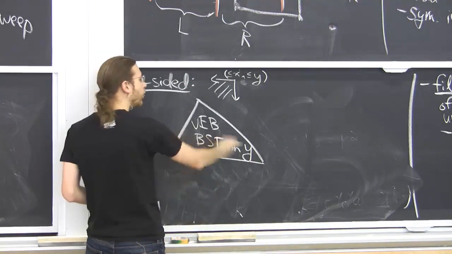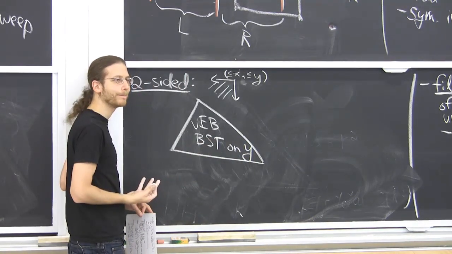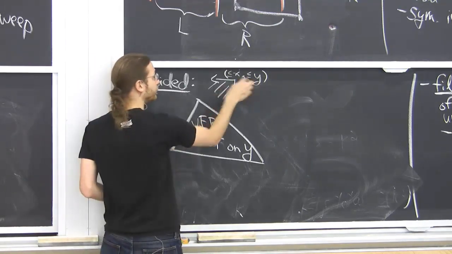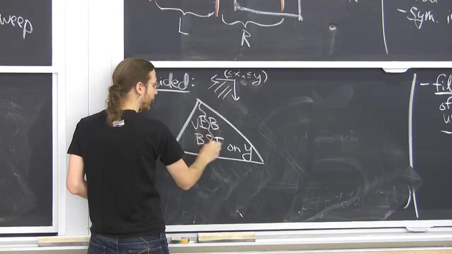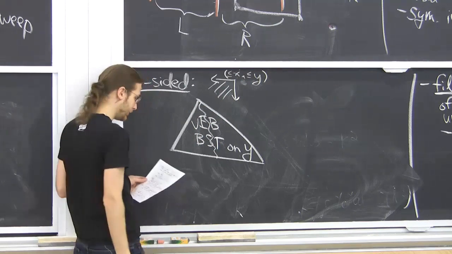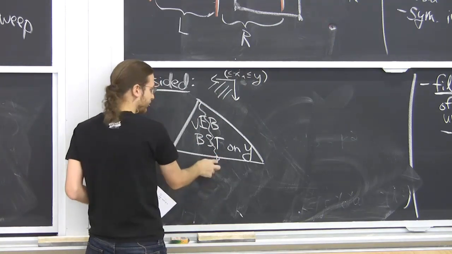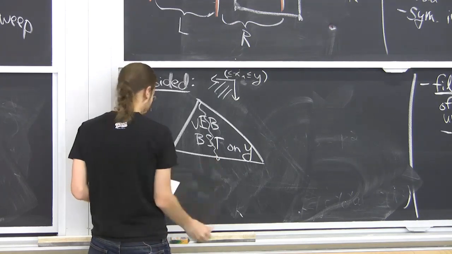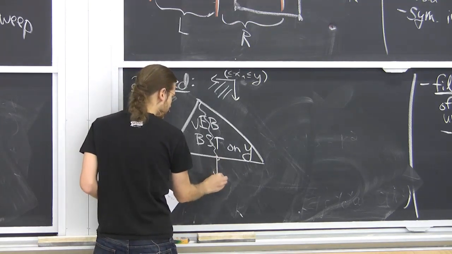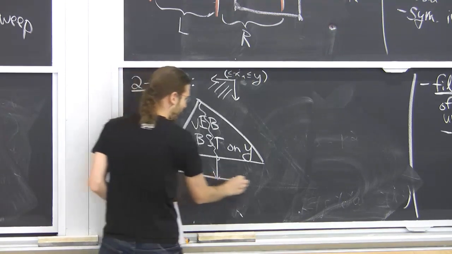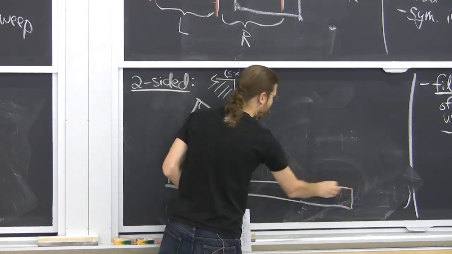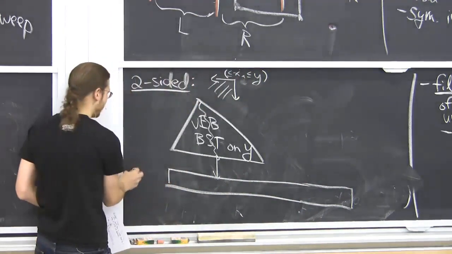This just stores all the points sorted by y. If you want to do this query, you search for that value of y. Then each of these positions, in between two keys in here, has a pointer to an array. The array is not sorted by x or y. It's a very weird thing.